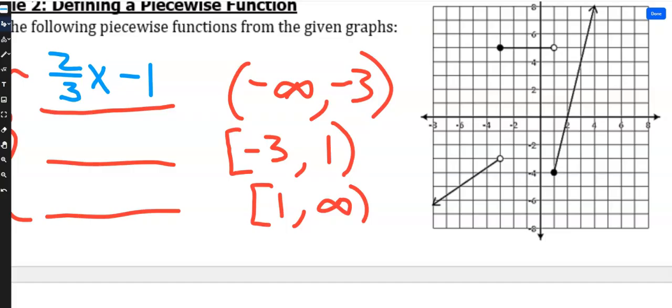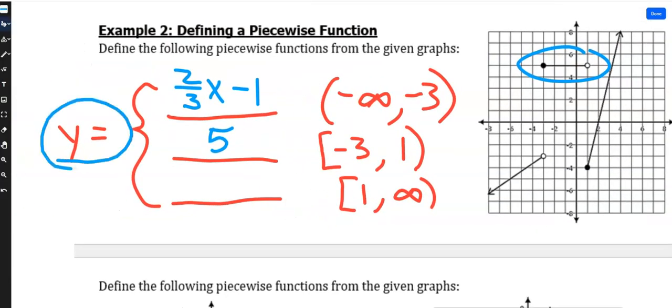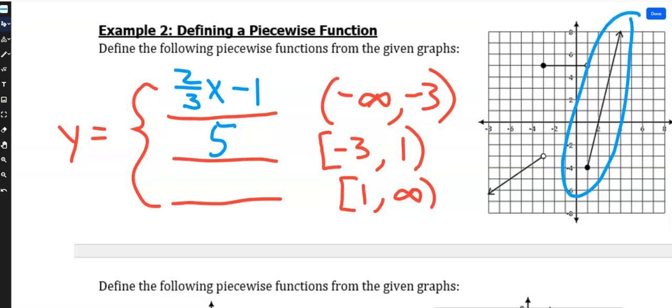Now the next part, right there in the middle, is pretty easy. That's a constant. That's y equals 5. We got the y equals part over here, and so you just need to put a 5 on that line. And now for the last one over here.